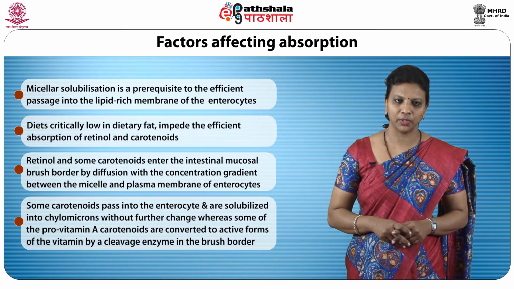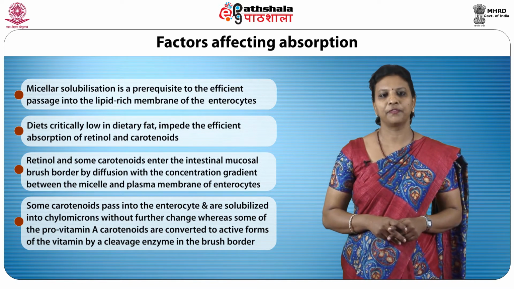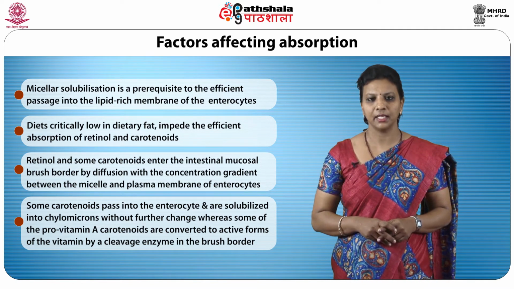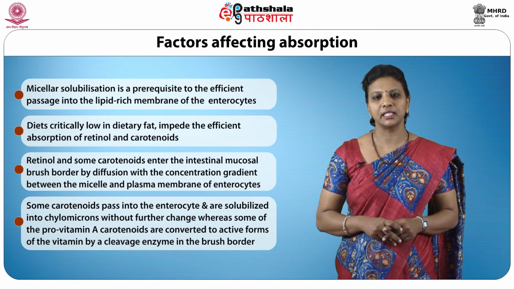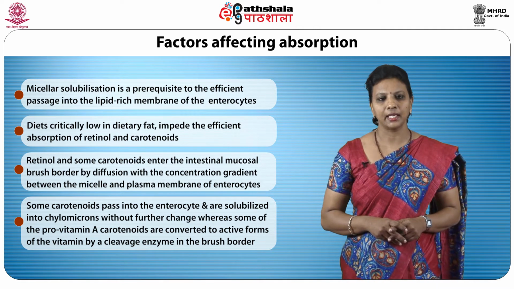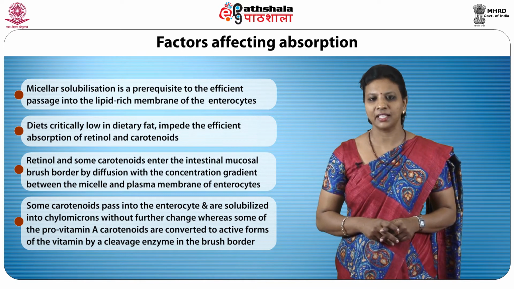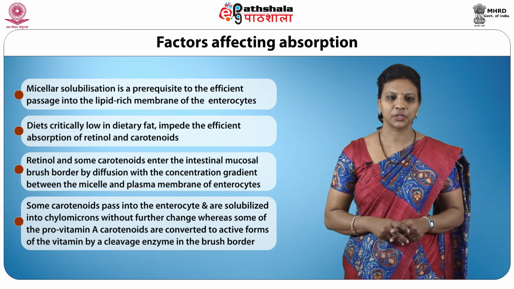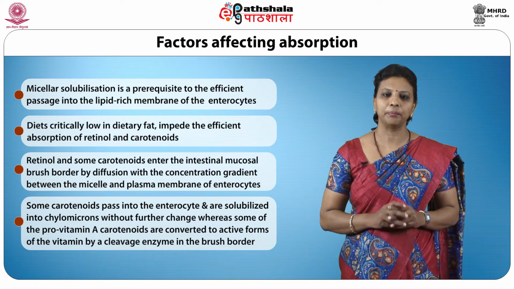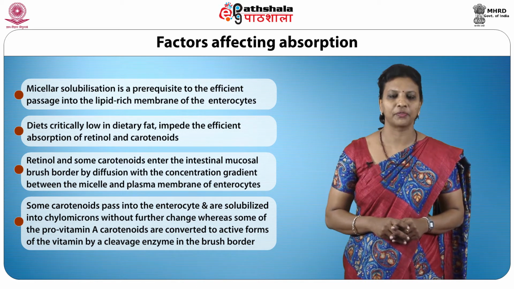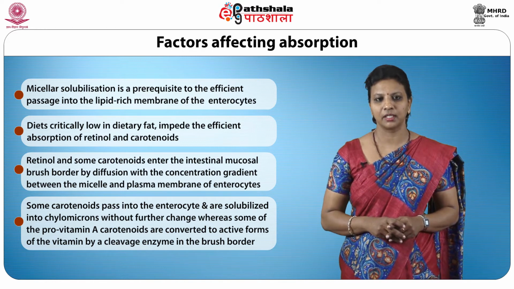Diets critically low in dietary fat, under about 5 to 10 grams daily, or disease conditions that interfere with normal digestion and absorption, leading to steatorrhea such as pancreatic and liver diseases and frequent gastroenteritis, can therefore impede the efficient absorption of retinol and carotenoids.